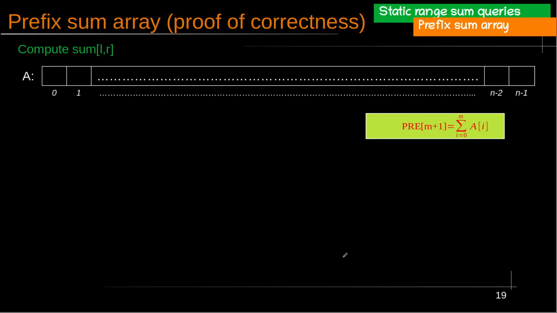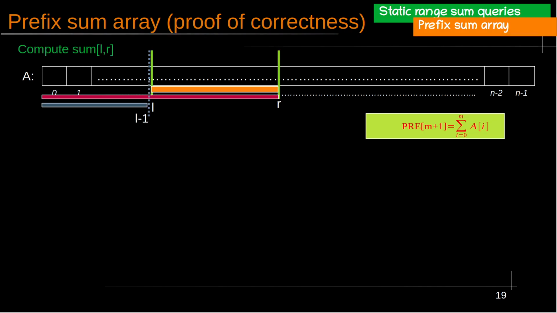If you compute the sum on the original array from the left bound to the right bound, we can write it like this: the sum from 0 to the right bound minus the sum from 0 to L minus 1.